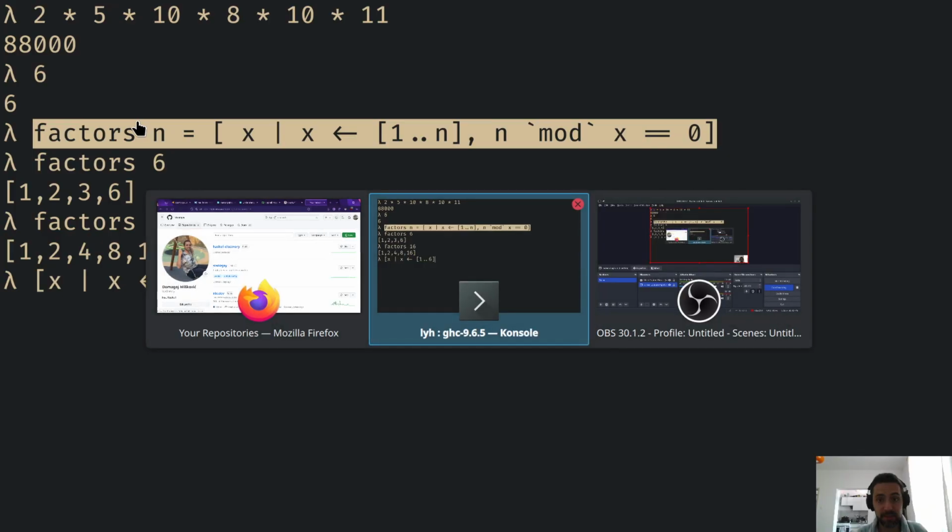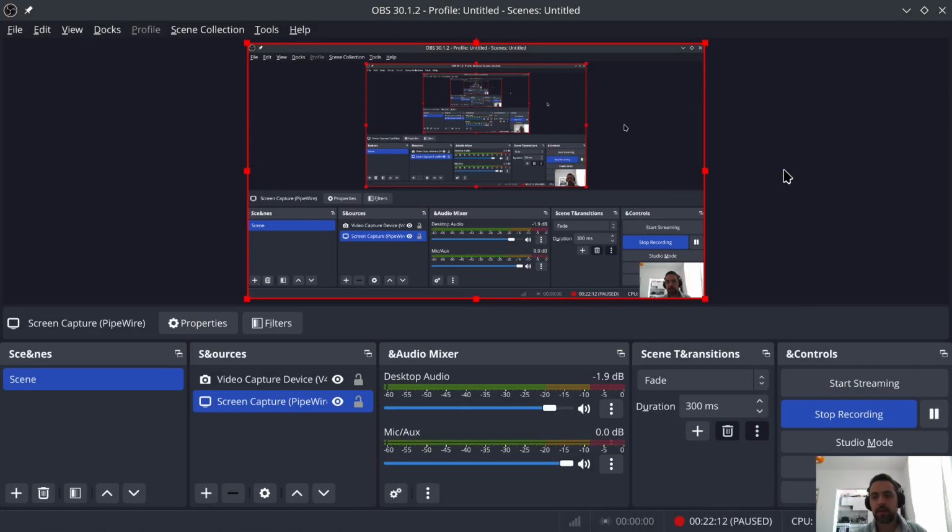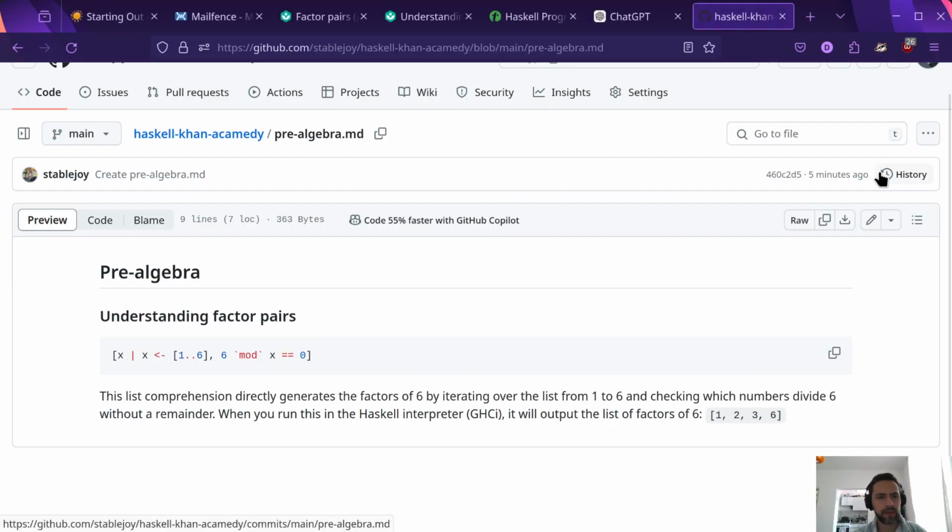Wait, let me just pause this for a moment. Right, we have our first thing, understanding factor pairs. Now this already includes a lot of things that may not be clear for an elementary level, but I guess I'll have to rearrange all this. It's great to have some kind of a start.